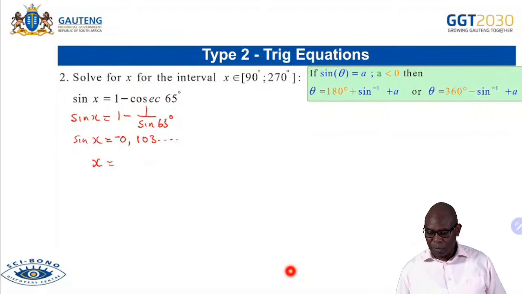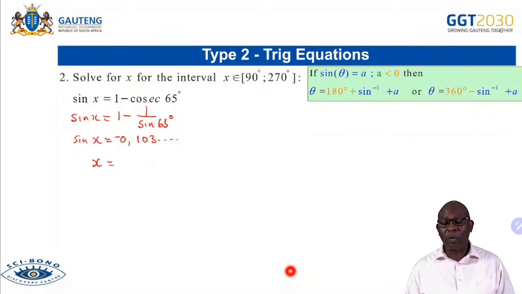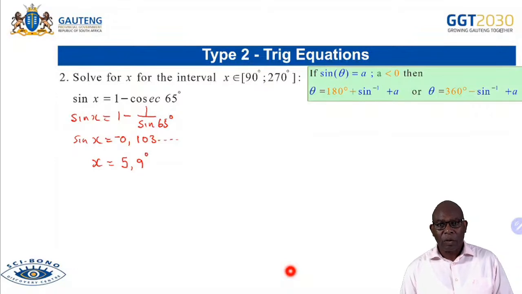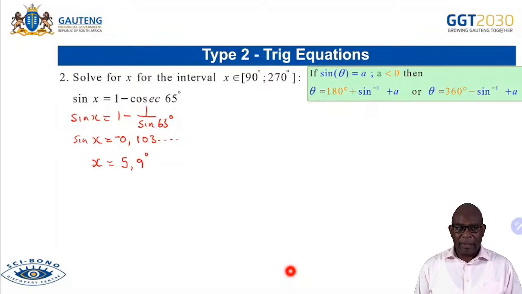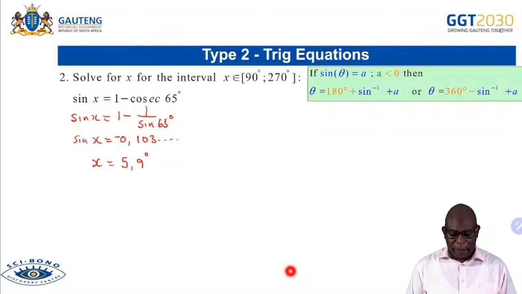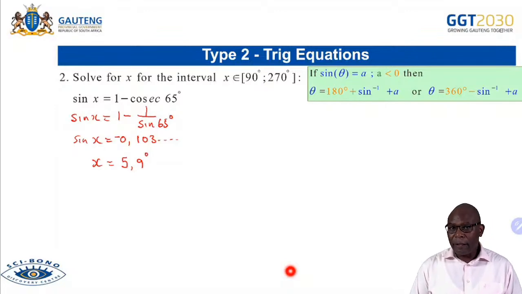So I use a positive 0,103 and all those numbers, and the angle that I got was 5,9 degrees. Okay, so 5,9 degrees in this case will be my reference angle.